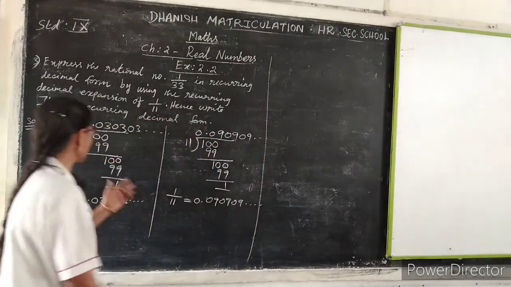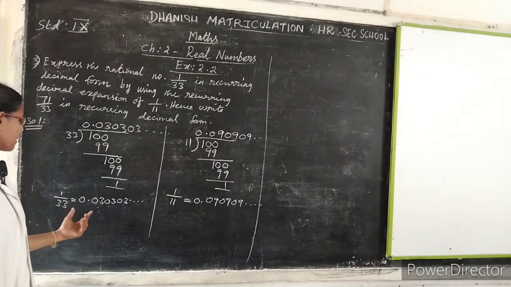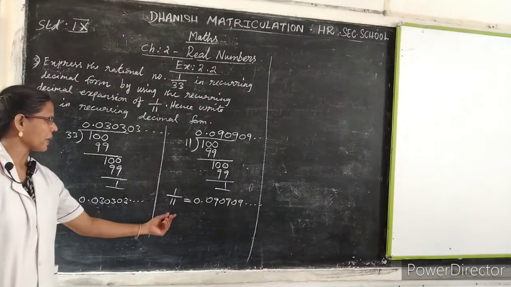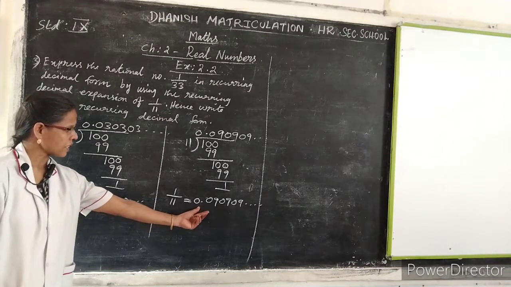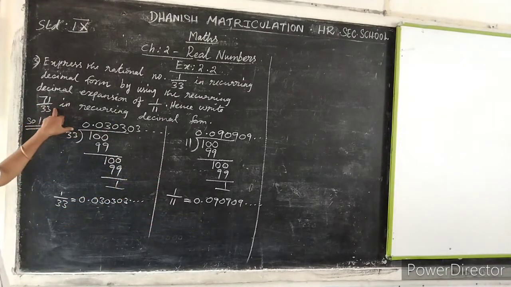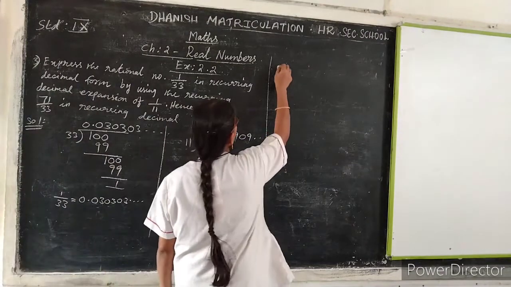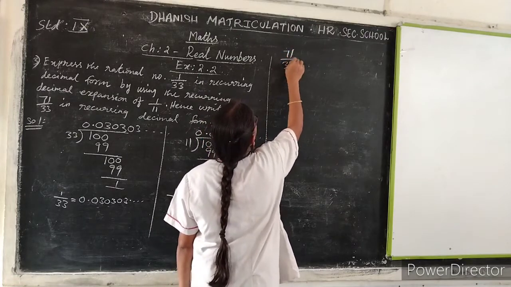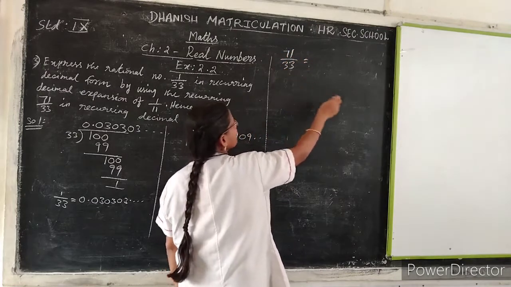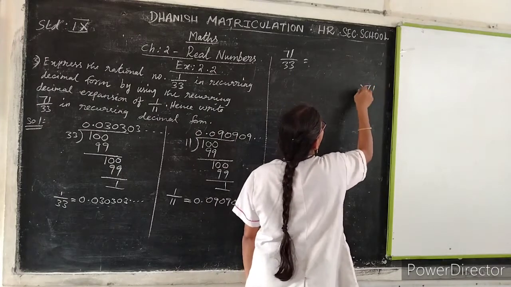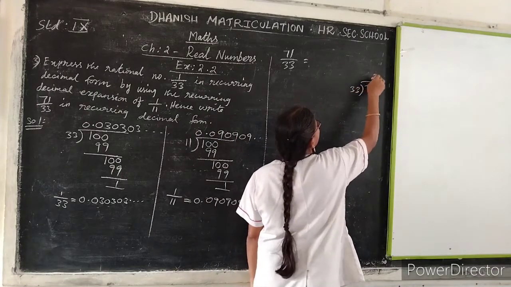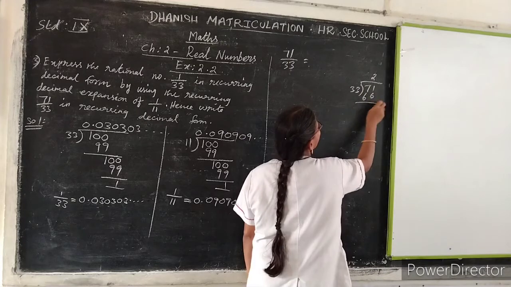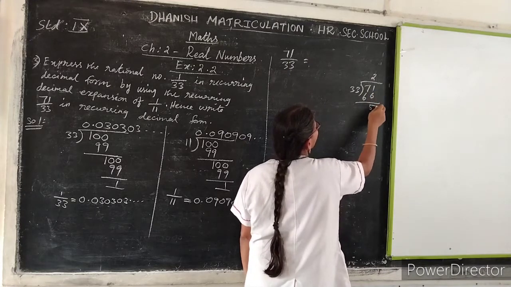By using these two decimals, 1 by 33 is this much, 1 by 11 is this much. Find the value of 71 by 33. 71 by 33 can be written as 2 times 66, remainder 5.